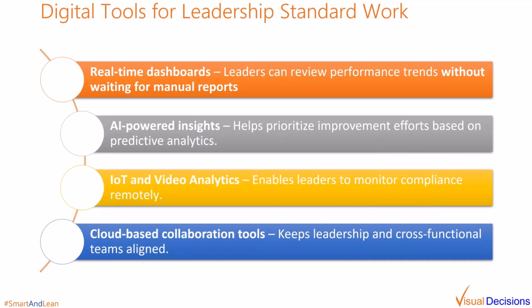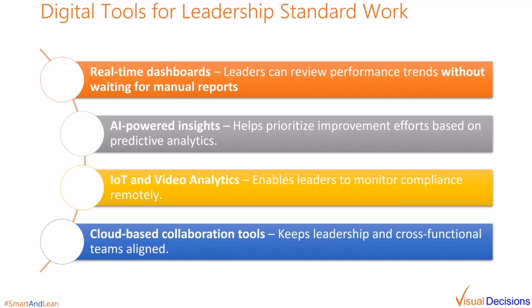To make leadership standard work efficient and scalable, digital tools play a key role. With real-time dashboards, leaders can review process performance trends without waiting for manual reports to come up. It helps to prioritize improvement efforts based on predictive analytics. IoT and video analytics help enable leaders to monitor compliance remotely.